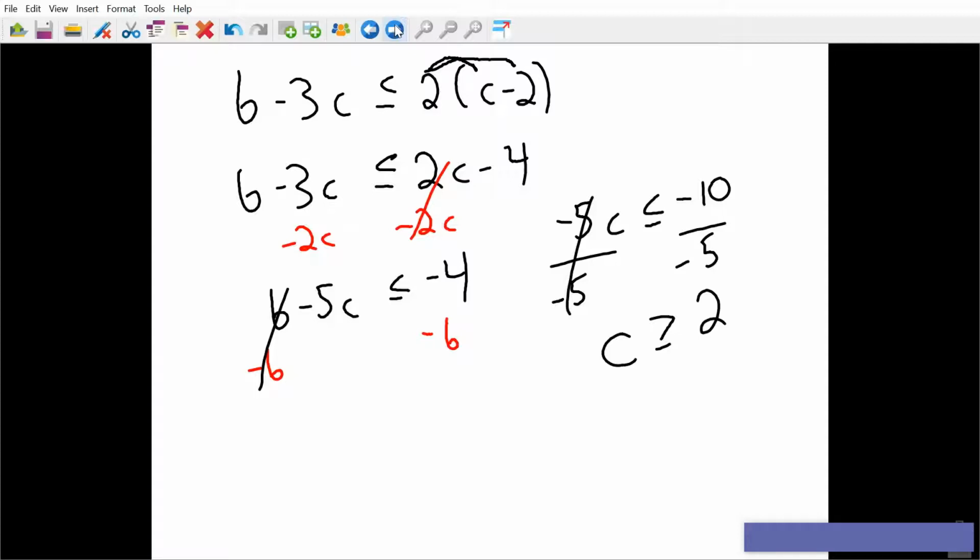So we subtracted 6 from both sides. Finally, we divided by negative 5, which allowed us to get the c by itself, and then we have to flip the inequality sign because we are dividing both sides by a negative, leaving us with our answer of c is greater than or equal to 2. Next question.